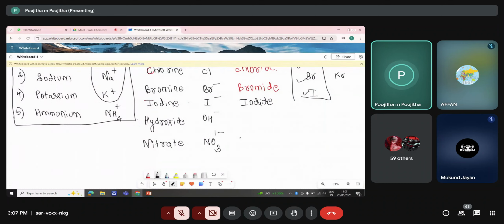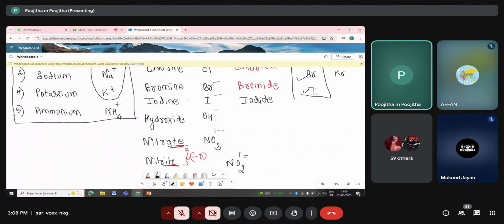This is called nitrate. Nitrite: there is a hint, a trick to remember. ATE and ITE differ by one oxygen atom. Remove one oxygen atom, so the nitrite formula is NO2 1 minus.